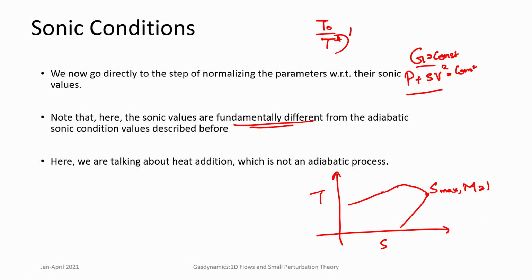These are the two conditions which go into evaluating this Rayleigh curve. So, for a given Rayleigh curve, this point is a unique point. That should be understood. So, if a flow process in a duct falls on a Rayleigh curve, then it will have a unique star point or a sonic point.